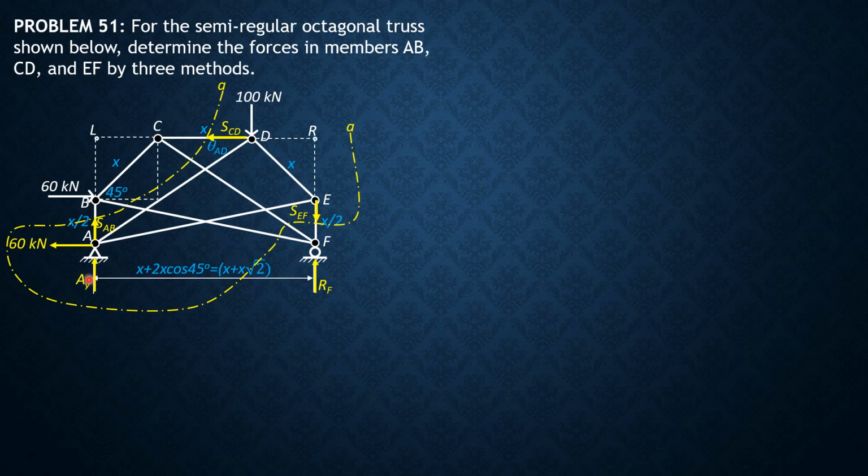Because AY is inside this section, we need AY. So considering the whole system, summation of moments about F equals 0. This is the first method.